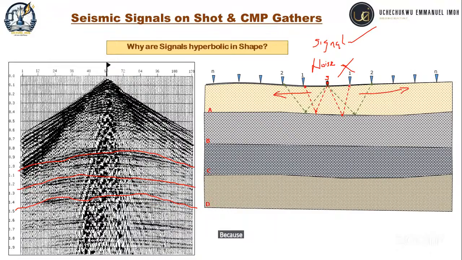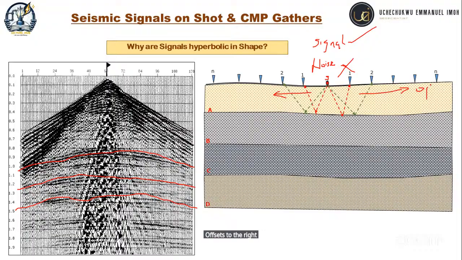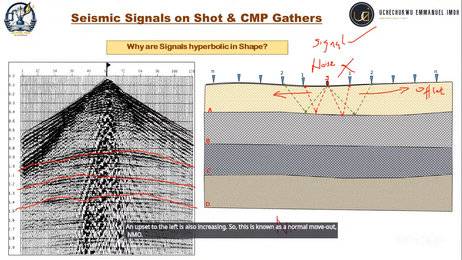Because these geophones are placed at regular intervals away from the source, that means the offset to the right is increasing, okay? The offset to the right is increasing, and offset to the left is also increasing. So this is known as a normal move out, NMO, okay?